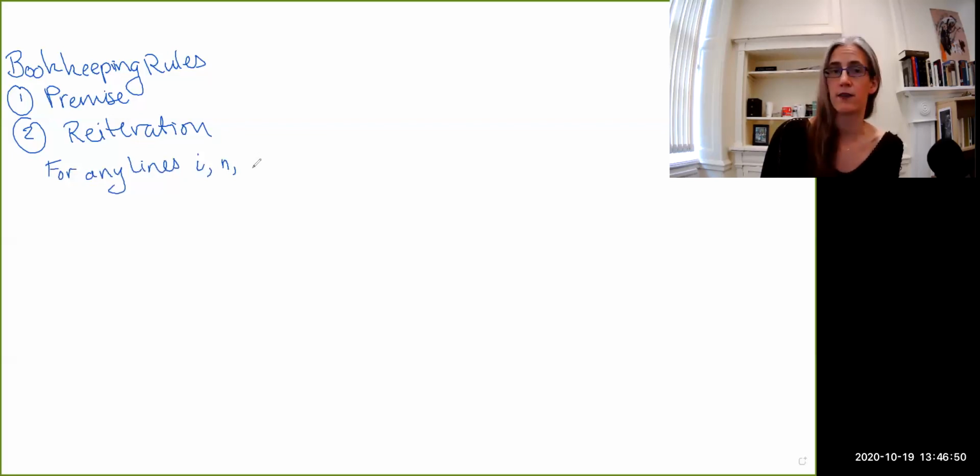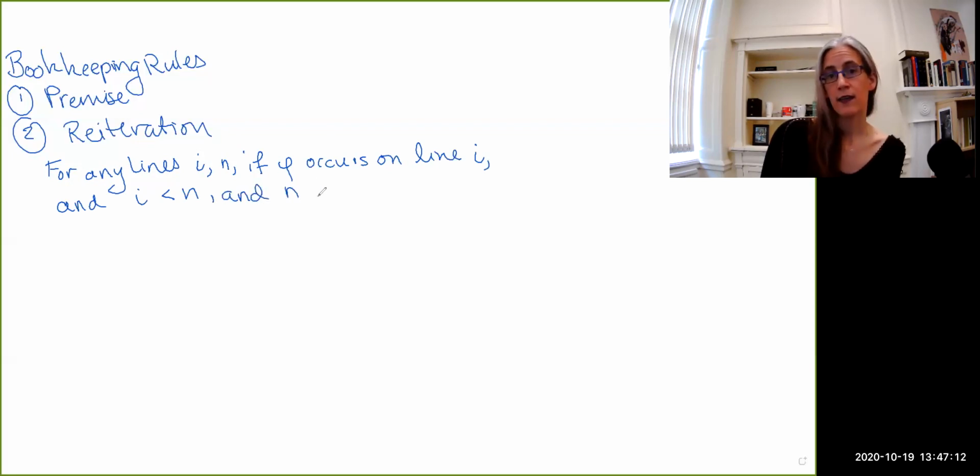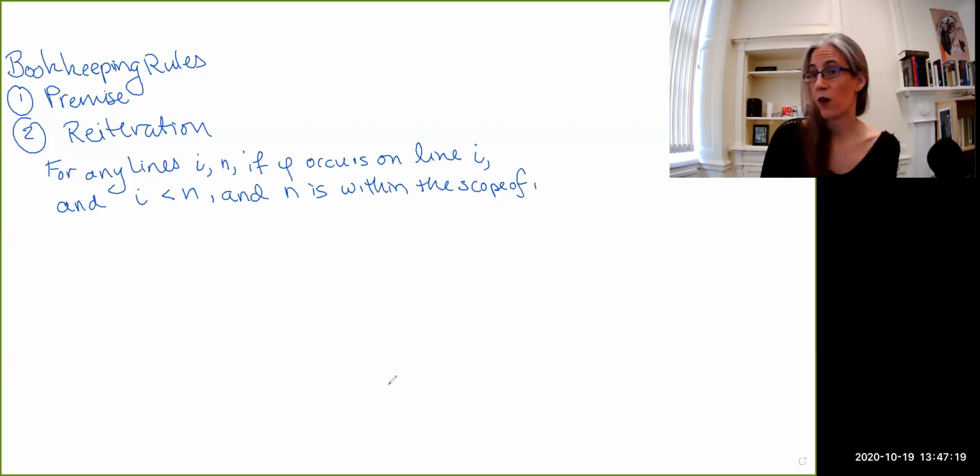So for any number, any lines I and N, if phi occurs on line I, and I occurs earlier in the proof than N, so I is smaller than N, and N is within the scope of I, I will say what that means in just a moment.